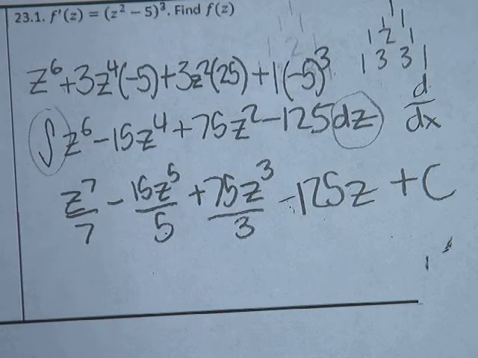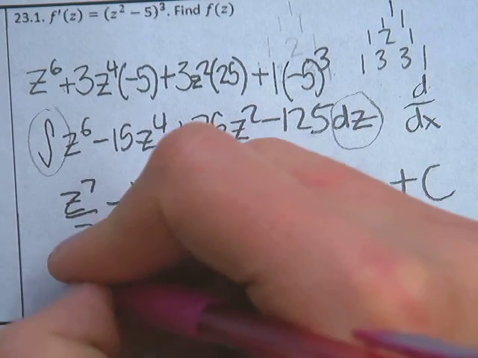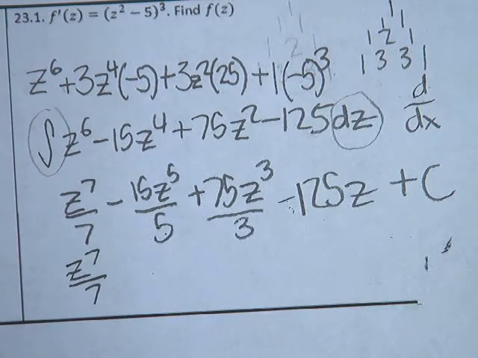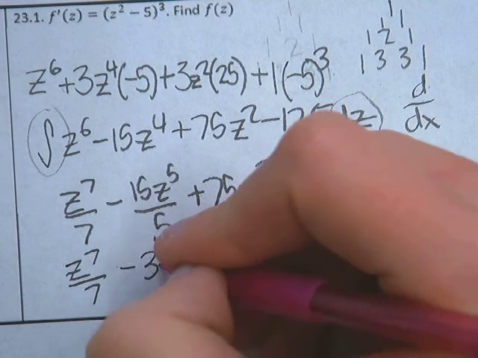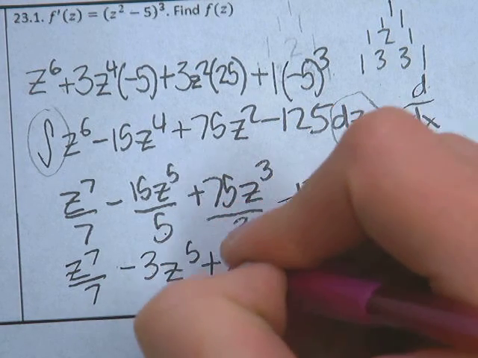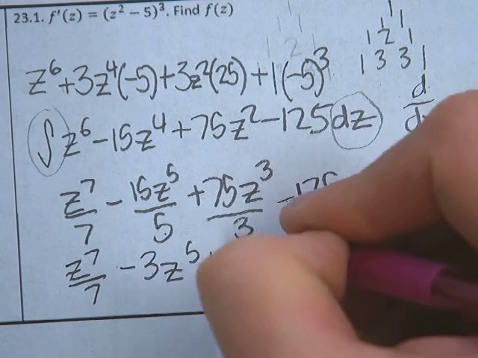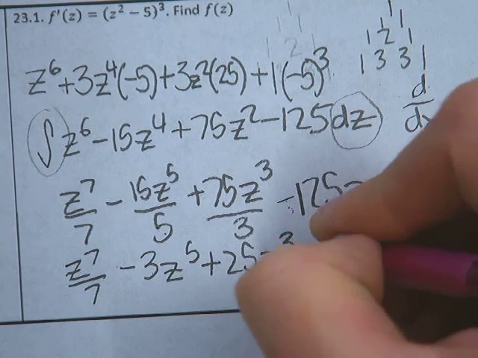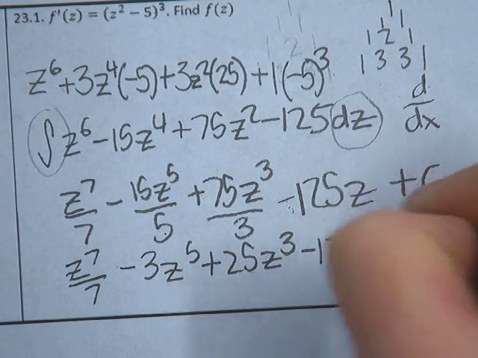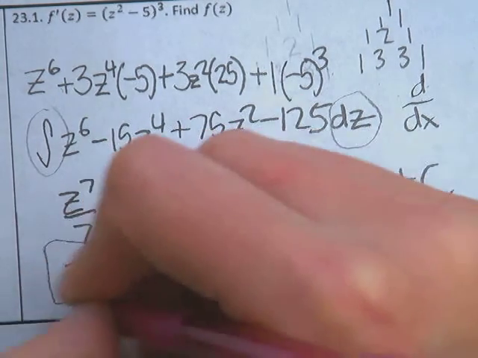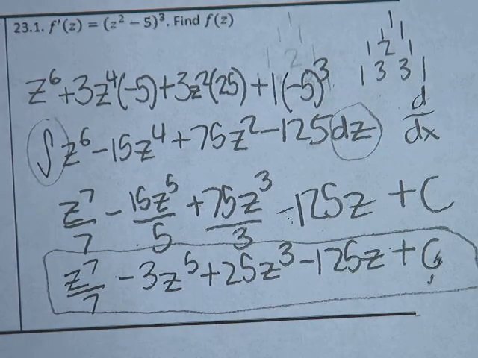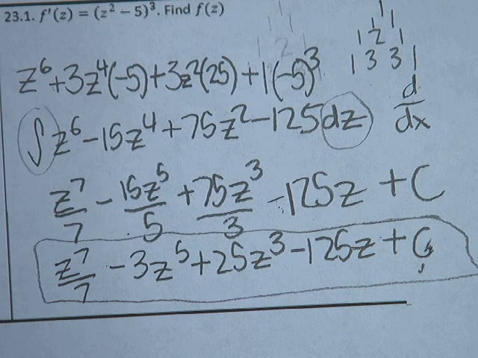This is an acceptable way to leave your answer, but there's a better answer here. Z to the seventh over 7 stays, but this is minus 3z to the fifth plus 25z cubed minus 125z plus c, and that is probably the best way to leave your answer. And that's it for this section.